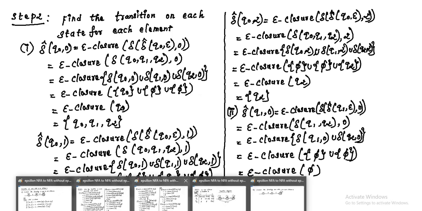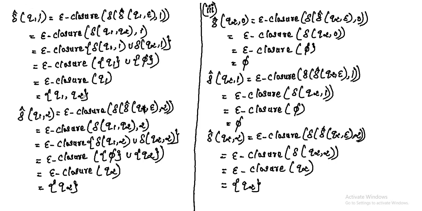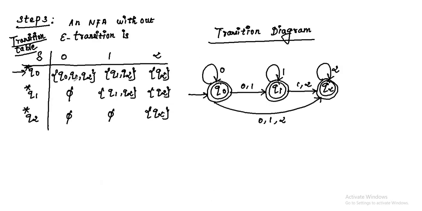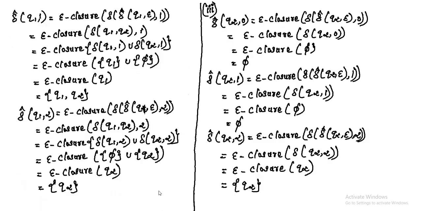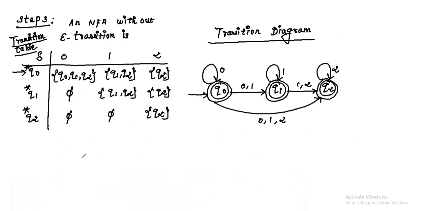Next one, q1 1 is q1 q2, q1 2 is q2. In this table, q1 0 is null, q1 1 is q1 comma q2, q1 2 is q2. Next state q2, apply all the inputs 0, 1, 2. Look at the second step: q2 0 null, q2 1 null, q2 2 is q2. Here I am writing q2 0 is null, q2 1 is null, q2 2 is q2.